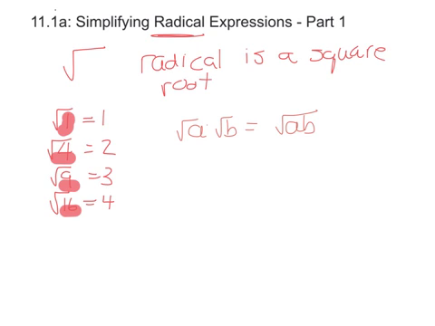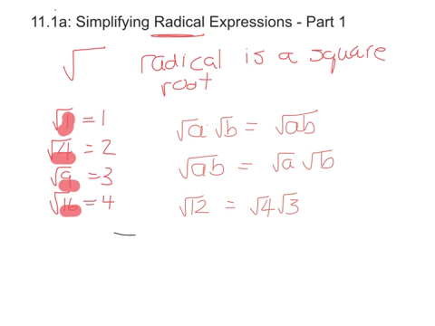And likewise, if I'm starting out with two things under the radical sign, I can separate them to radical A times radical B. Now, let me show you how that works with numbers. If I have radical 12, I can separate that into two things, like radical 4 times radical 3. So rad 12 equals rad 4 times rad 3.